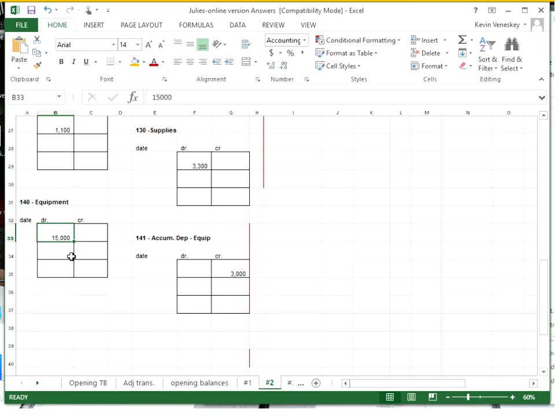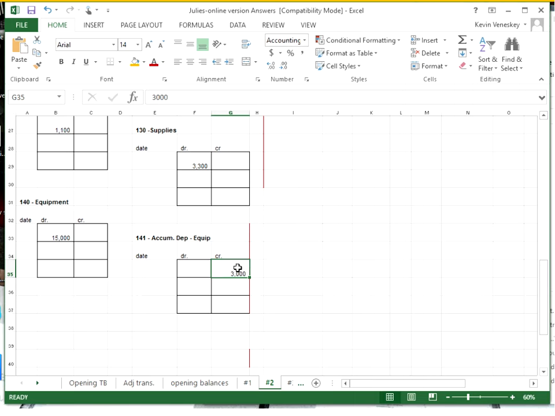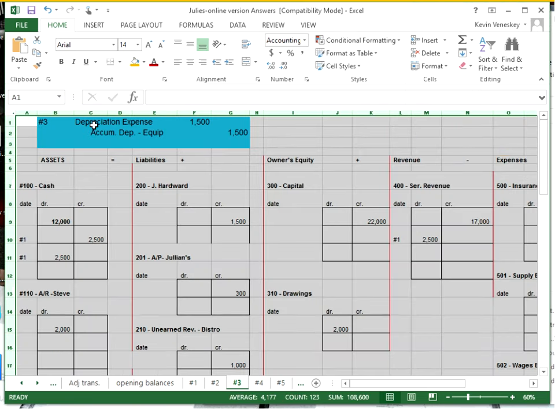If I'm using my equipment over 10 years, I want to take that $15,000 and divide it evenly over 10 years. So that's $1,500. And remember, I said this was the 3rd year. Well, here's my first 2 years. I had $1,500 year 1, add in $1,500 for year 2. Now I'm ready for year 3, and I'm going to put in another $1,500.